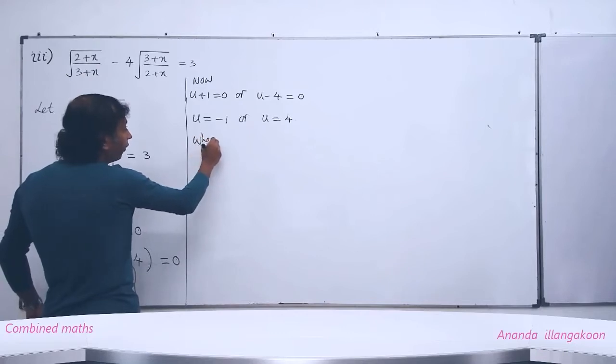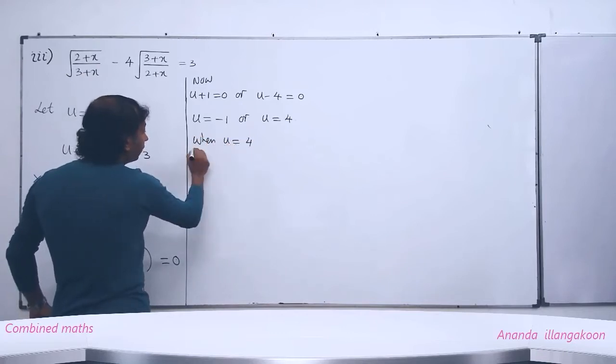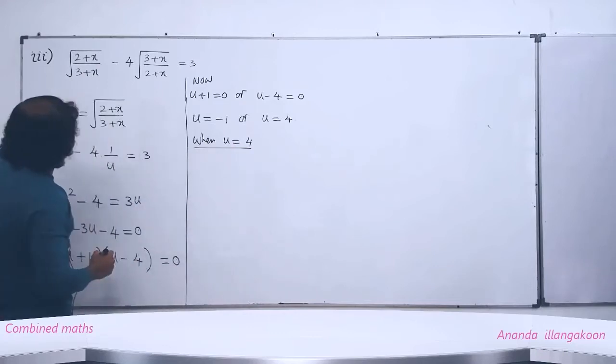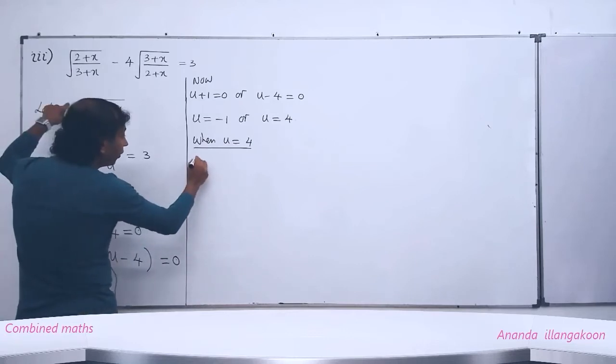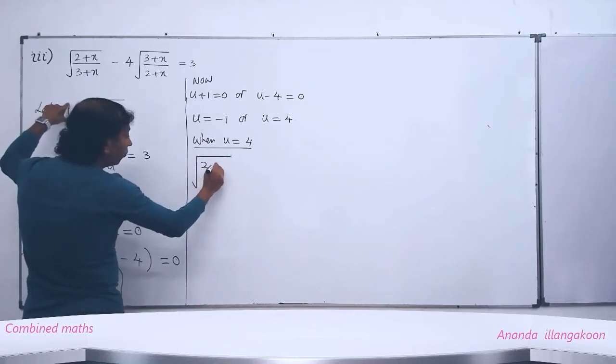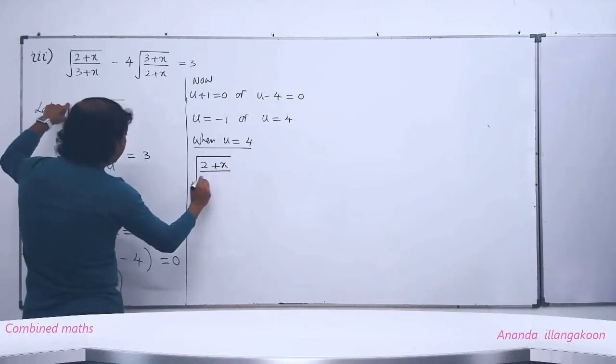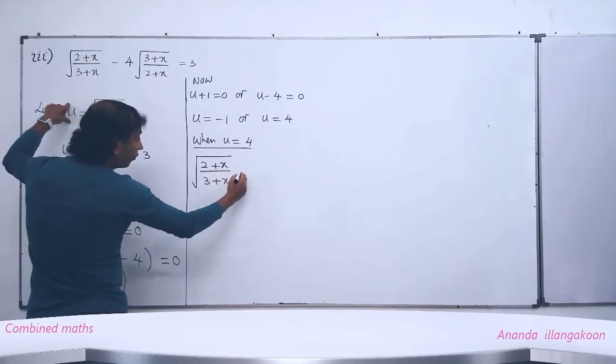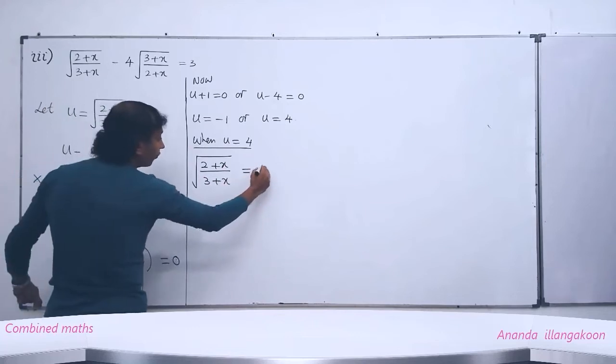When u equals 4, u is this, no, people. Then 4 equals this. That means this equals 4. This we can write as 2 plus x divided by 3 plus x under the root is equal to this 4.